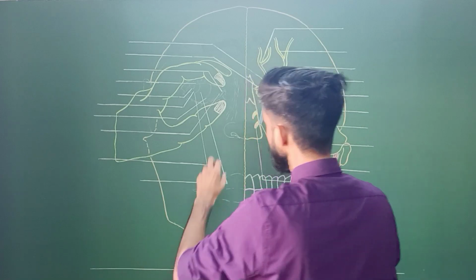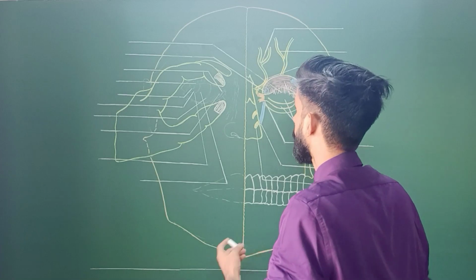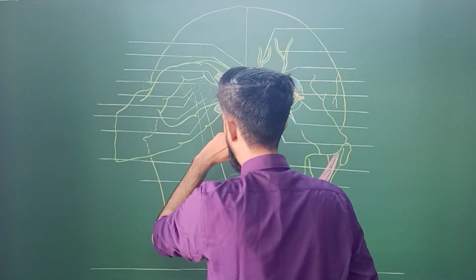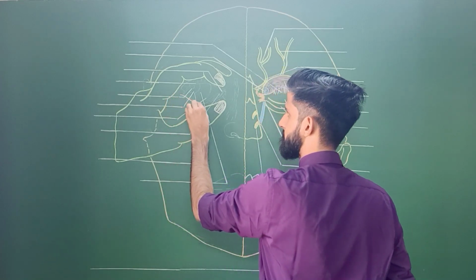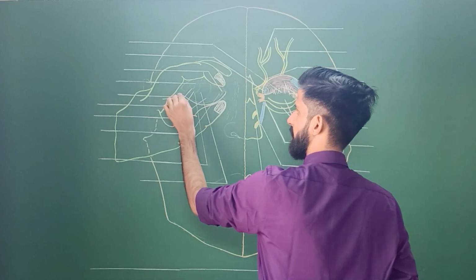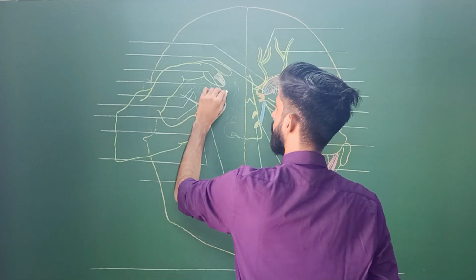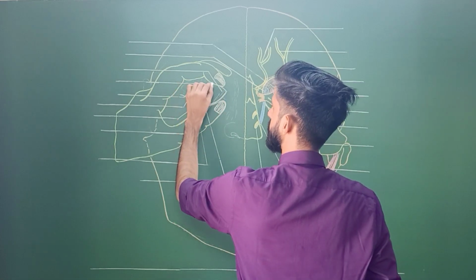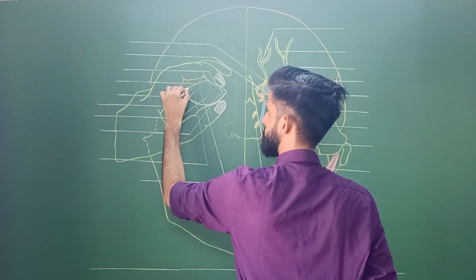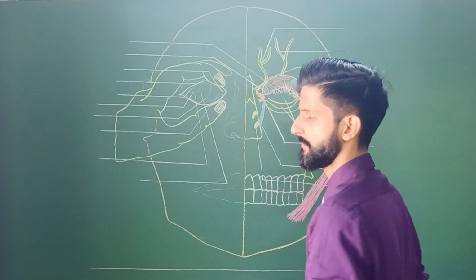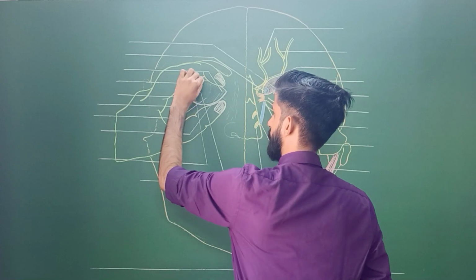Alright, now within this, the structure of eye, step by step we will follow this. Let us draw a spindle shaped structure first. Spindle shaped structure. Then this spindle shaped structure we will double it up.